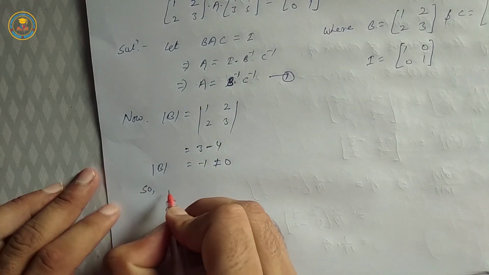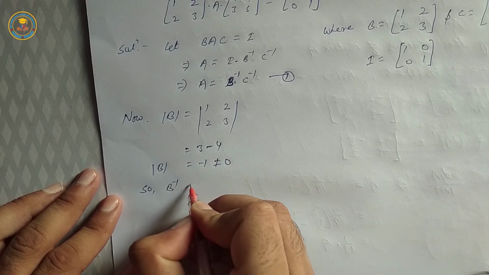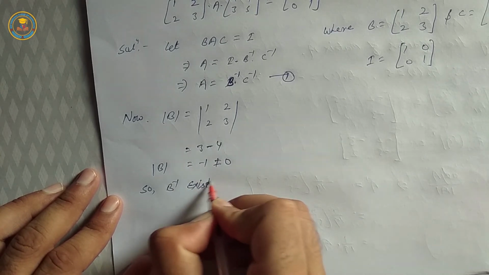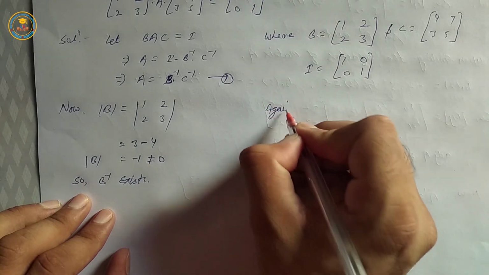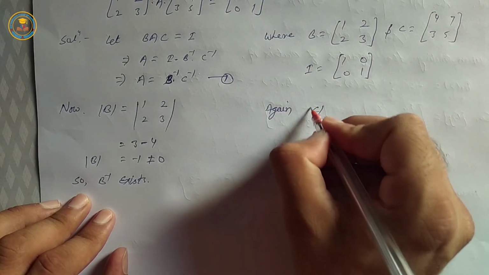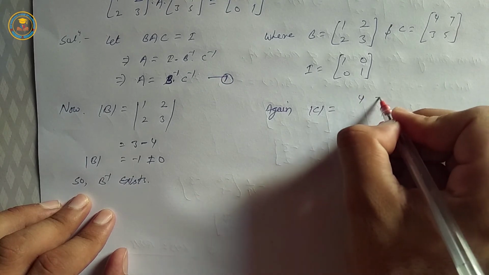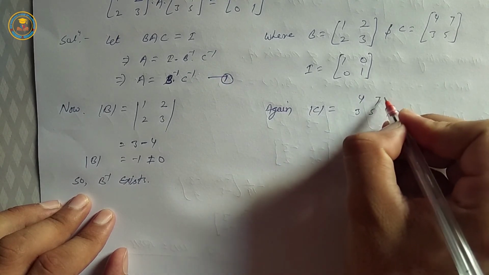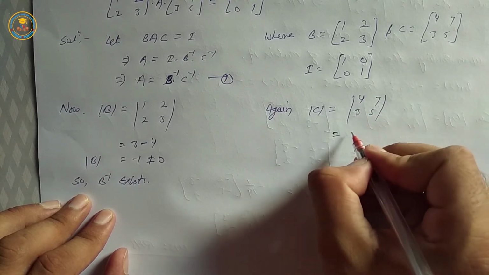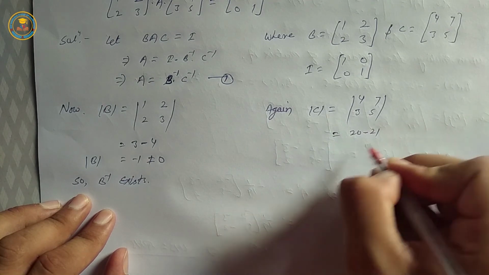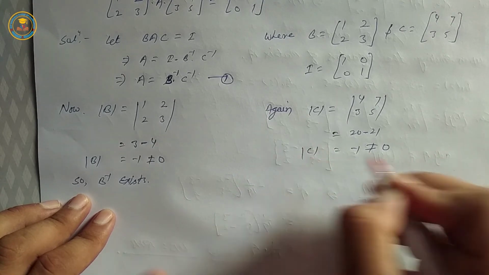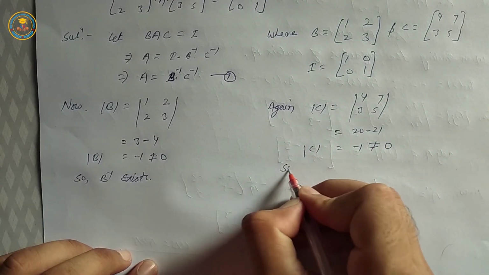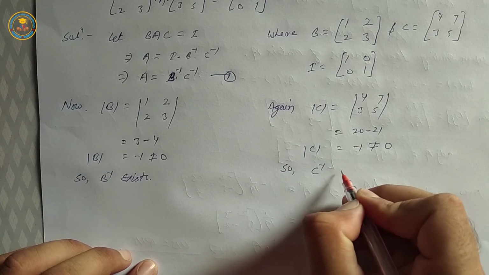So B inverse exists. Again, determinant C is equal to |4, 7, 3, 5|, which is 20 minus 21, equal to minus 1, not equal to 0. Determinant C not equal to 0. So C inverse exists.